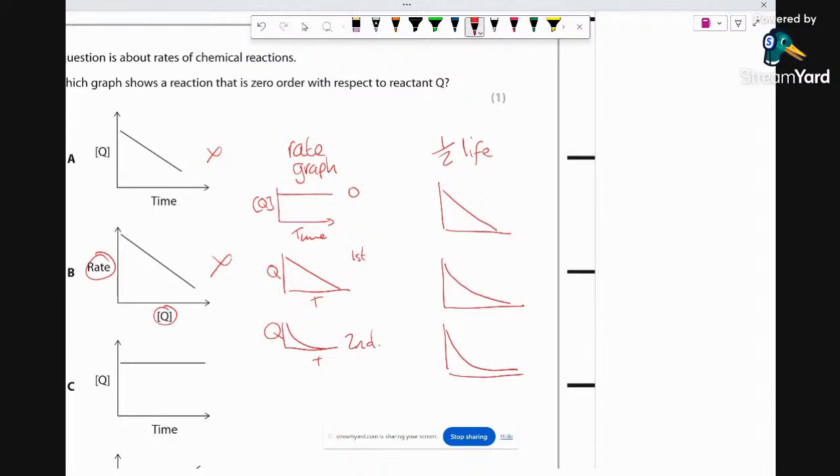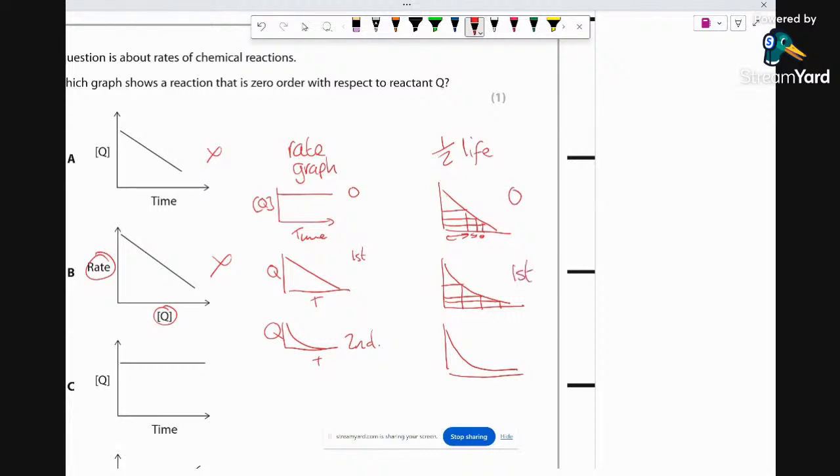So a 0 order. Now, by the way, just to give you some information, the half-lives are interesting because if you do the half-lives of these, the time gets shorter and shorter as you do it. There's half-life 1, half-life 2, half-life 3. In the next one, because it's a curve, we actually get the half-life remaining exactly the same. So in 0 order, the half-life shortens.